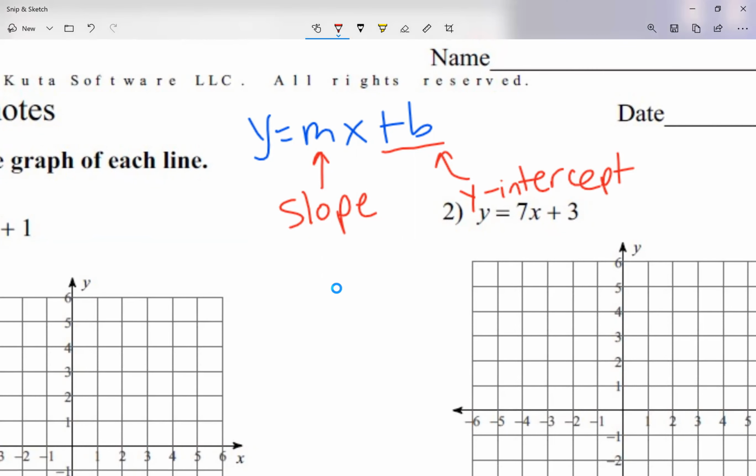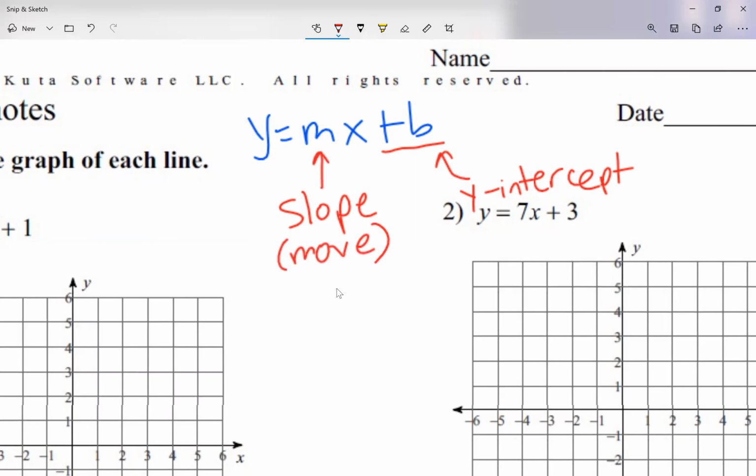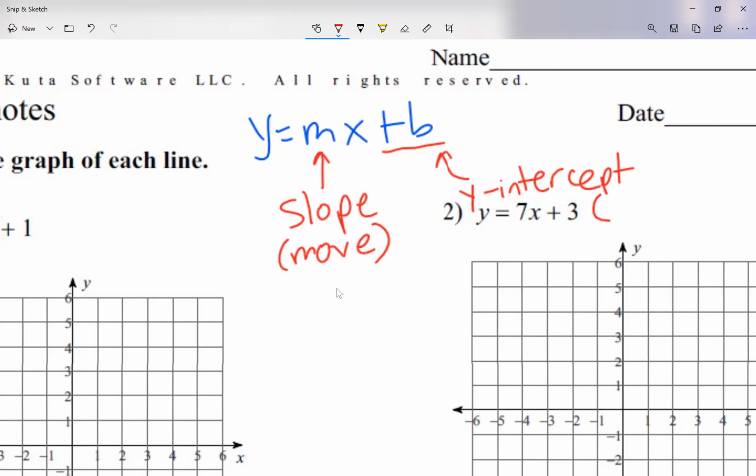But not only that, when we graph, the slope is the one number that tells me how to move. And the reason we use the b for the y-intercept is that when I'm graphing, that's where I'm going to begin. So the slope tells me how to move and the y-intercept tells me where to begin.